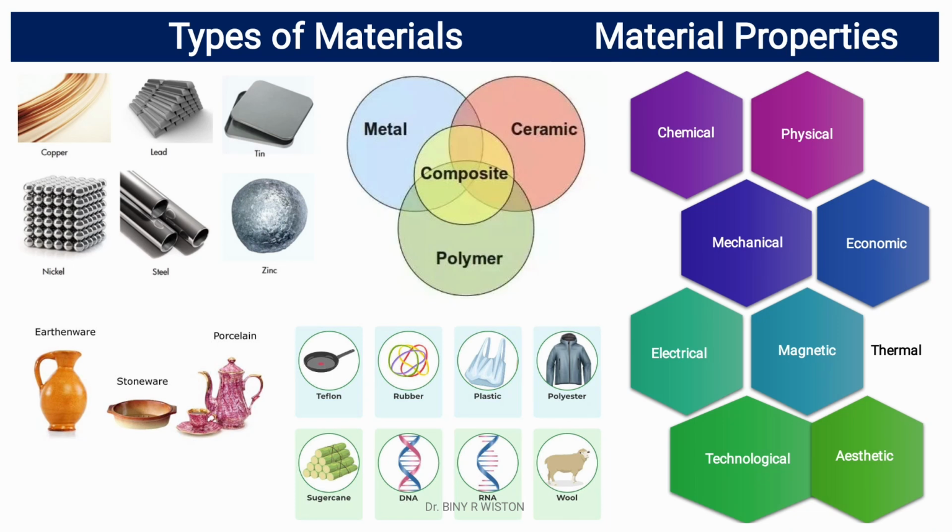resilience, etc. Then we have electrical properties, which involve resistivity, conductivity, capacitance, dielectric constant, dielectric strength, etc. Then we have magnetic properties, which include relative permeability, retentivity, susceptibility, hysteresis, coercive force, etc. Then we have thermal properties, which include specific heat, thermal capacity, thermal conductivity, thermal stress, thermal fatigue, thermal shocks, latent heat, etc. Then we have technological properties, which include malleability, machinability, castability, etc. Then we have aesthetic properties, which include appearance, texture, ability to accept special finishing, etc. Then we have economic properties, which include raw material and processing cost, and availability.